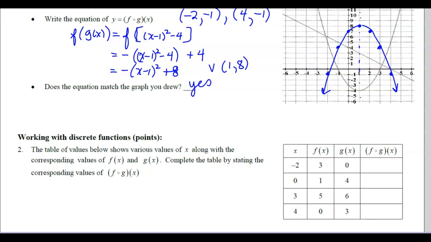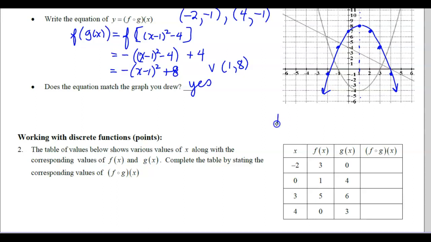So we've looked at graphs, we've looked at discrete values within a graph, we've looked at the actual functions of a composition. Here we've got discrete functions, so just these particular values. And so basically this is a fast way of writing out sets of ordered pairs, right?